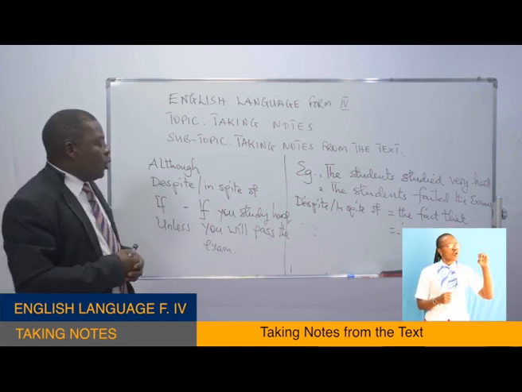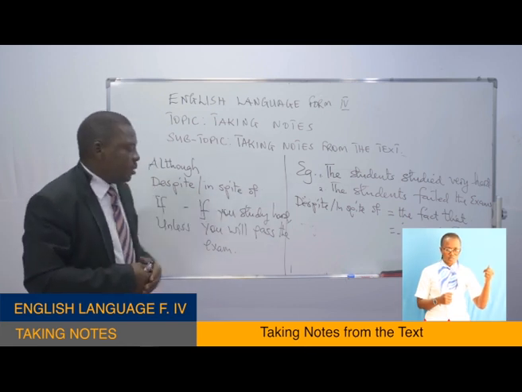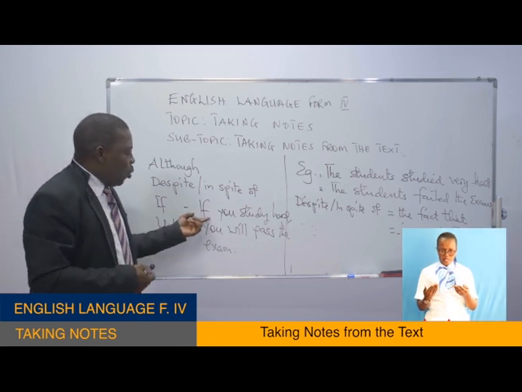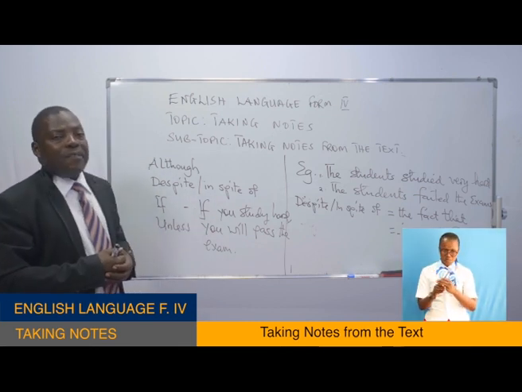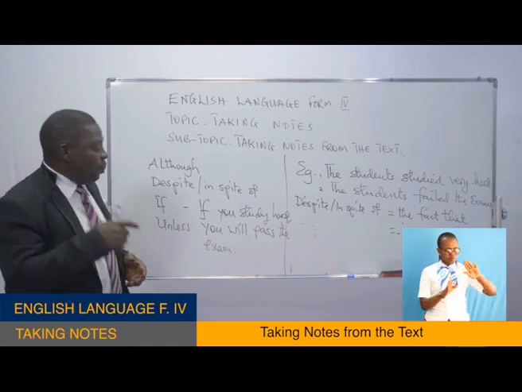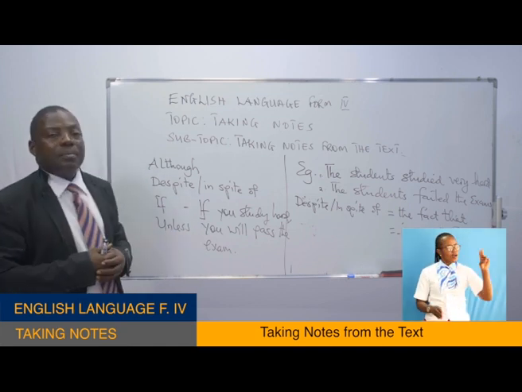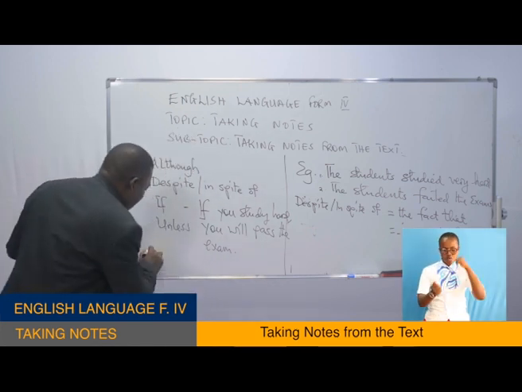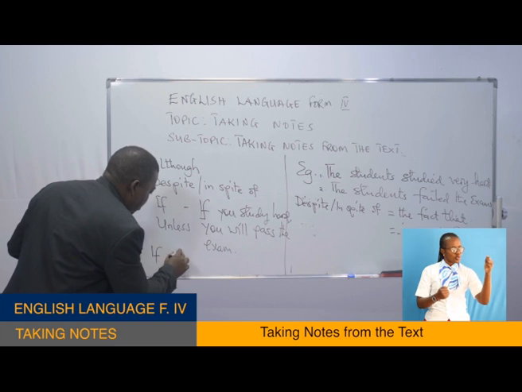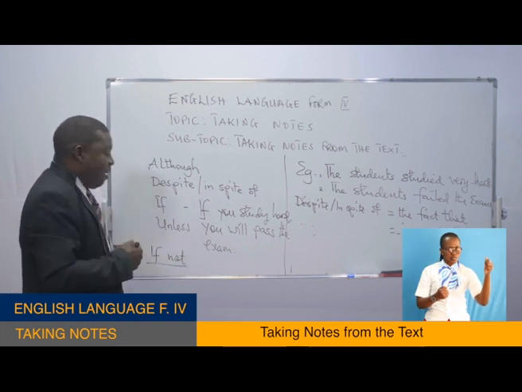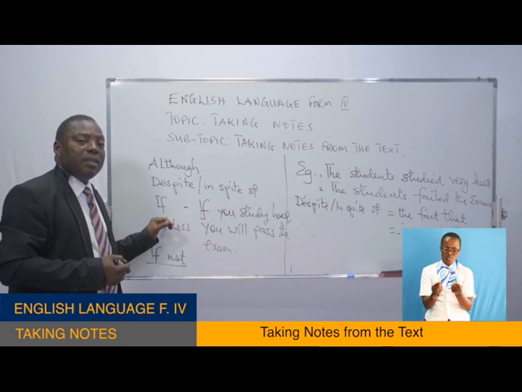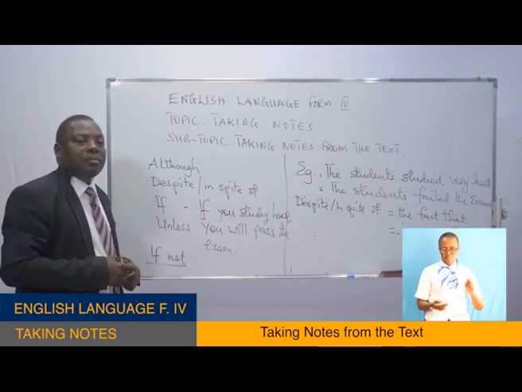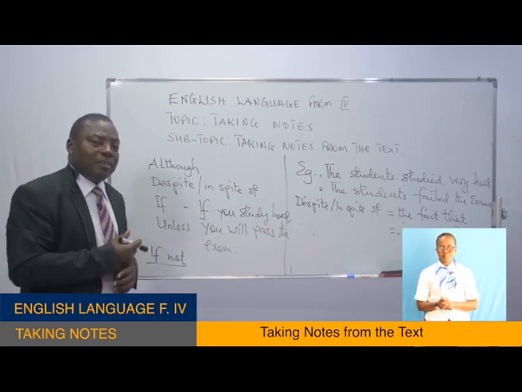So instead of using if you don't study hard, you can use unless. So that clause which begins with if will have to begin with unless. And unless in short means if not. So you have the element if and the negative word, the word which shows negative.